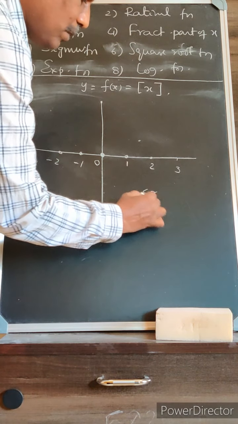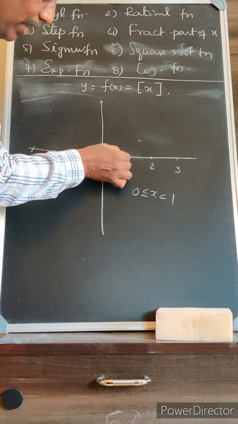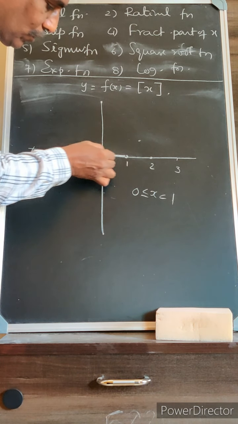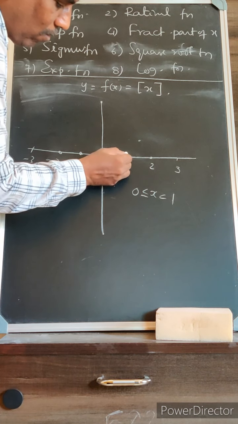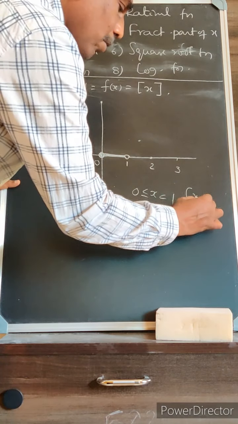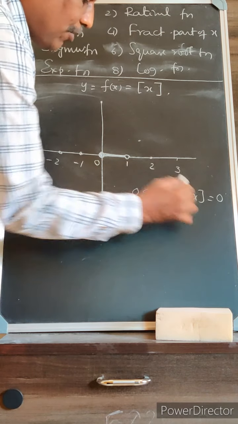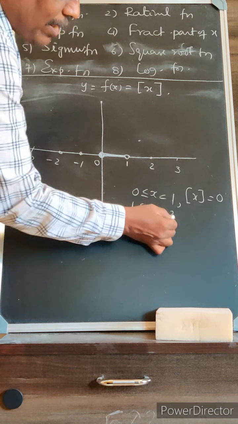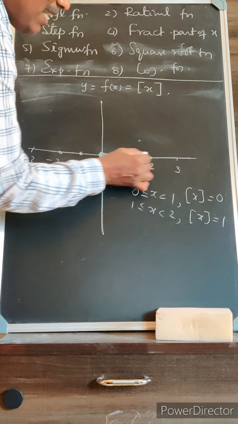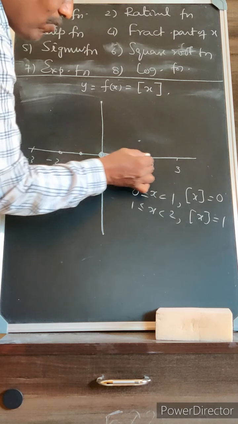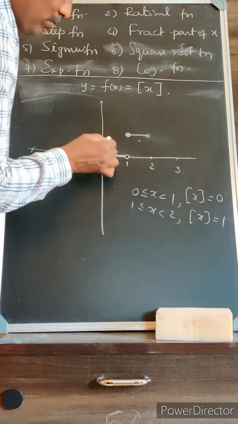When x lies between 0 and 1, including 0 and excluding 1, then the integral part of x is 0. When x lies between 1 and 2, including 1, excluding 2, then the integral part of x is 1.